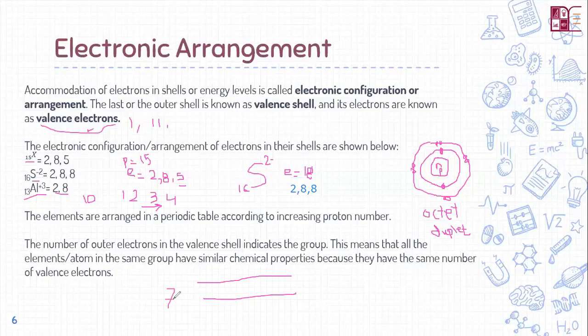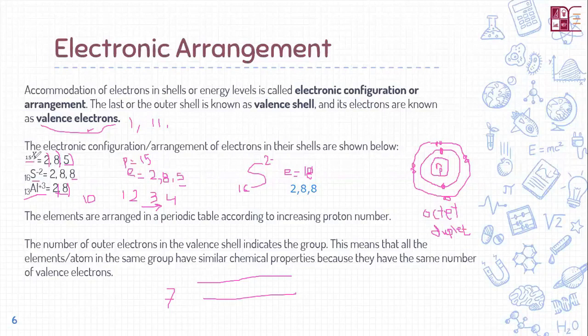The number of shells of an atom, and the valence electrons, tell us the group and the period. Number of shells means this is 1 shell, the second shell, and the third shell. So you see 3 shells over here, and over here 2 shells. So this is going to tell in which period they are.